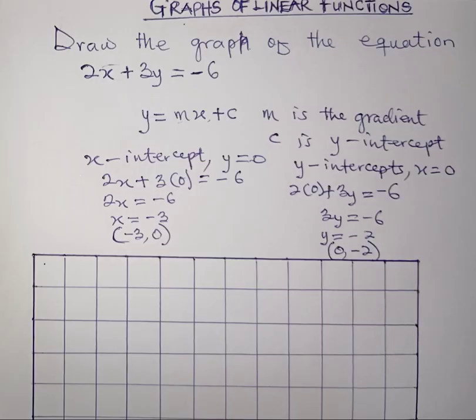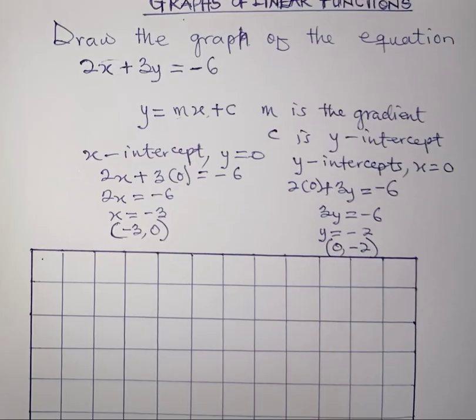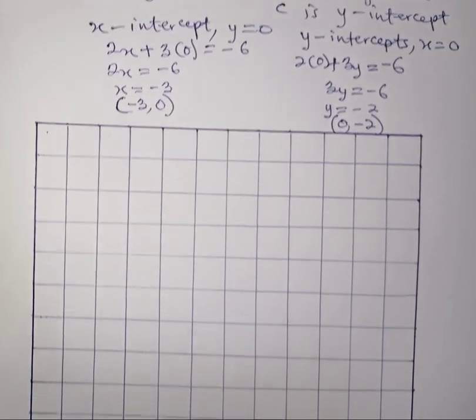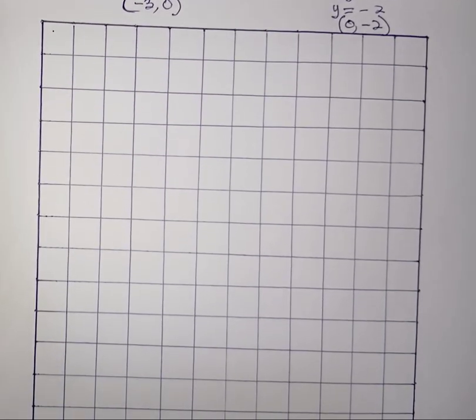Then we can use them to draw the graph of such an equation. So let's go to our graph. Before we draw this graph, let's draw the x and the y axis, because we need the x and y axis before we can plot this. Always we try to use our straight edge.